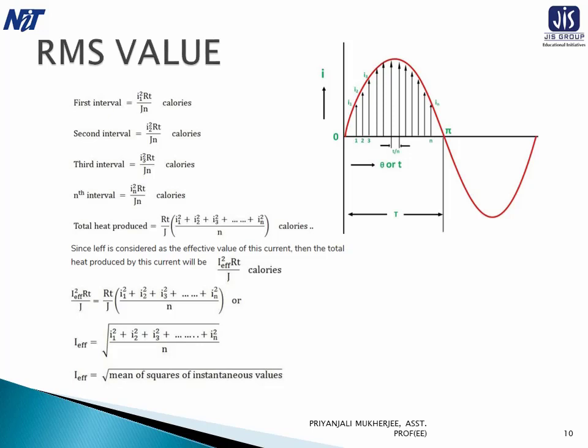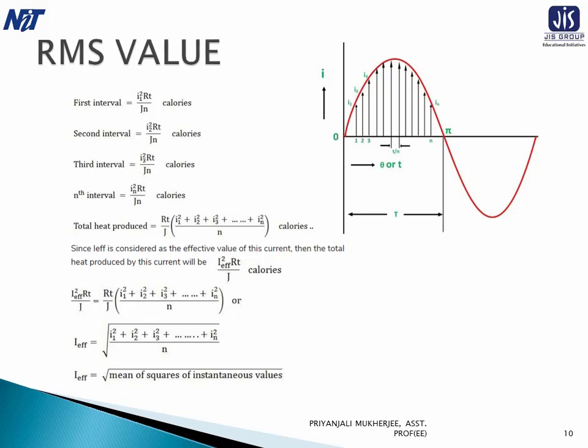Here we can calculate what is the RMS value. If we consider the first interval, then the heat produced during the first interval is I1 square RT divided by n joules, and the heat produced in the second interval will be I2 square into R into T divided by n, and so on. So the total heat produced is R into T into I1 square plus I2 square plus up to In square, divided by Jn.